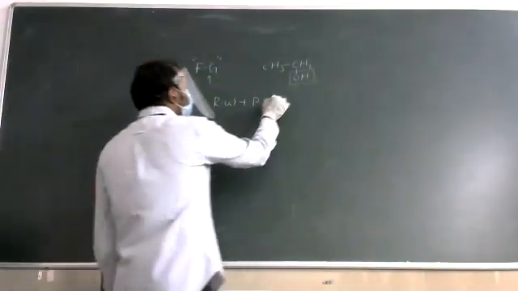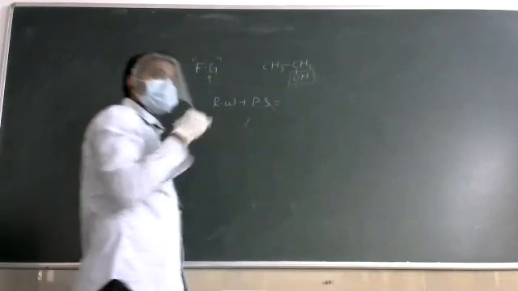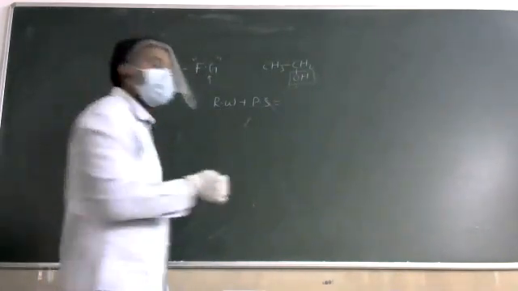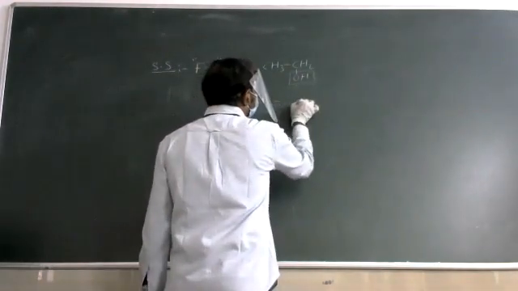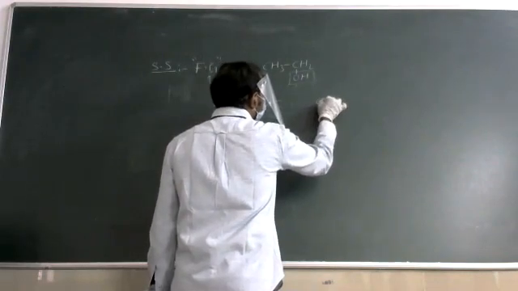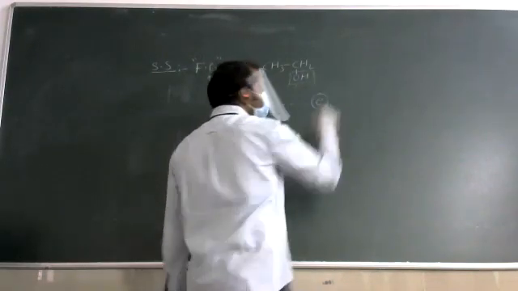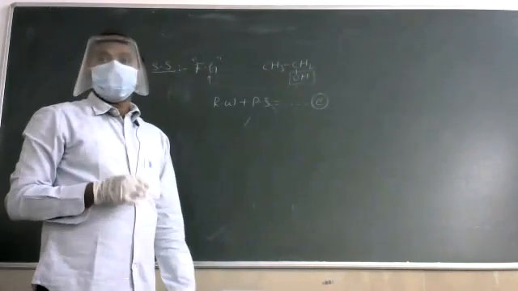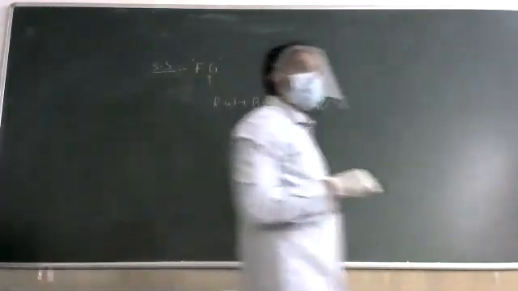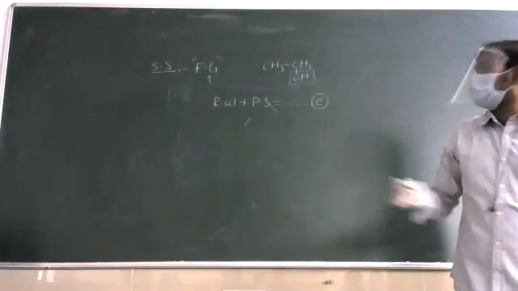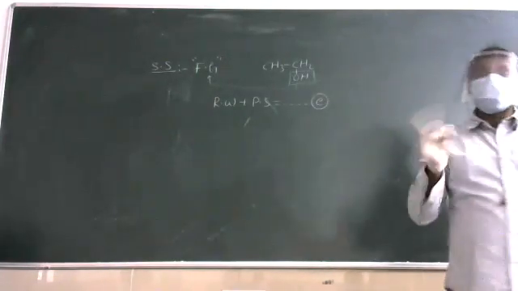When we add the root word and primary suffix, we get the name. In that organic compound name, the last letter we always get is E, the terminal letter.